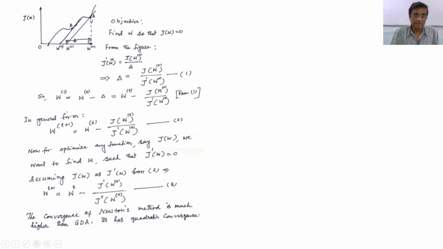So let us see, there are points on the curve. There is one point A, point B. At point A, we have a tangent drawn, okay? And these are the parameters. From here up to this is W0, okay?